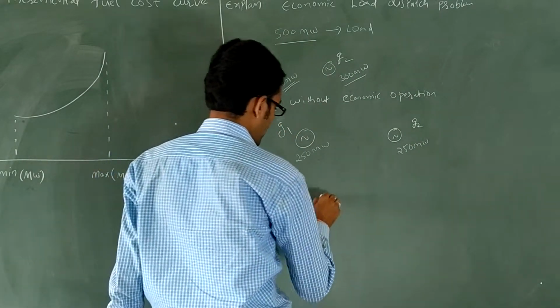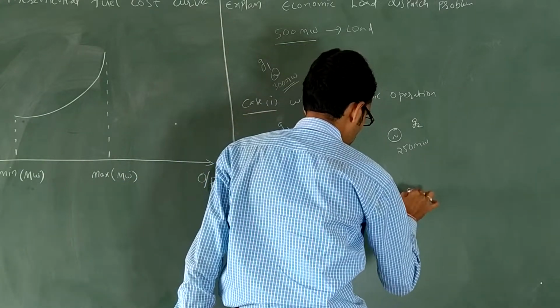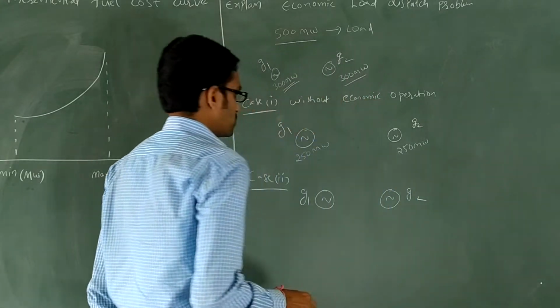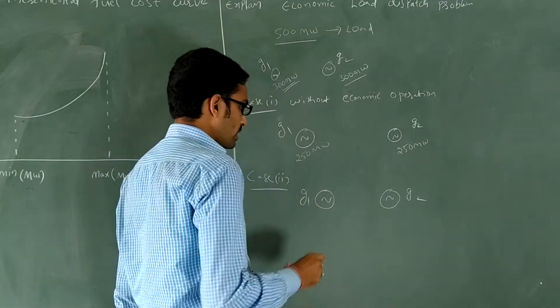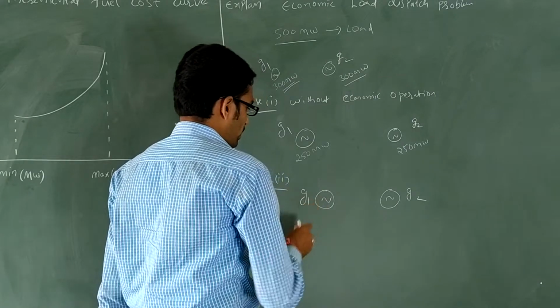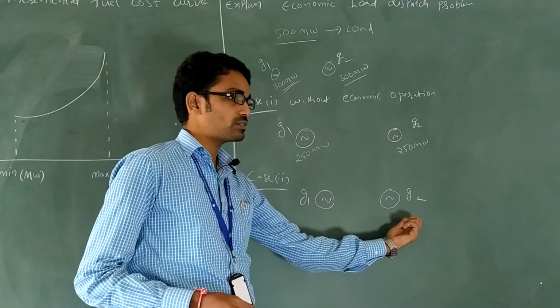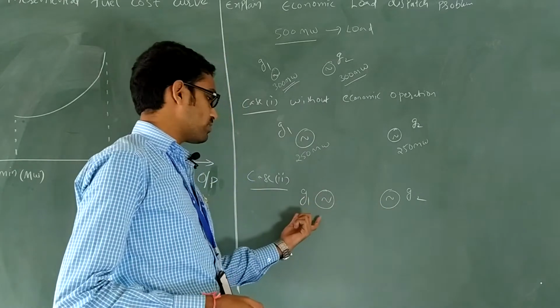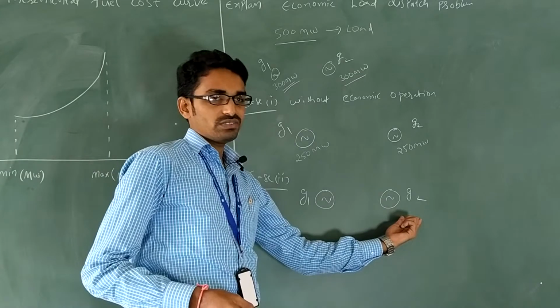But if I consider the economic operation, let us consider that as case 2. So here there is G1 and G2, and you need to distribute this load between these 2 generators. Generator 1 has a very low cost of generation when compared with generator 2.